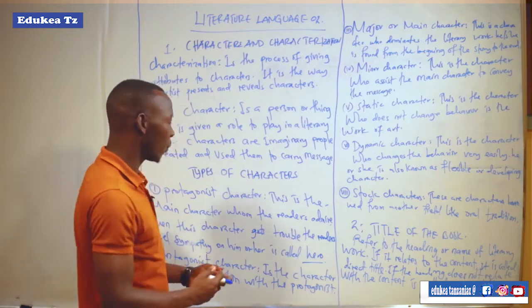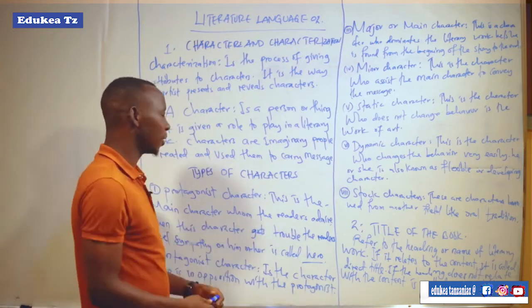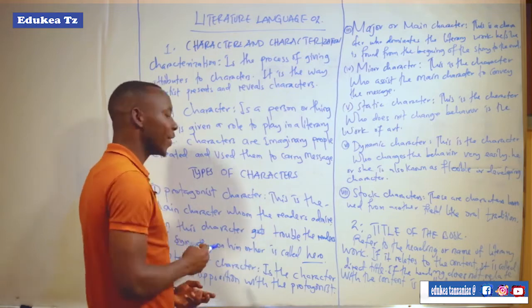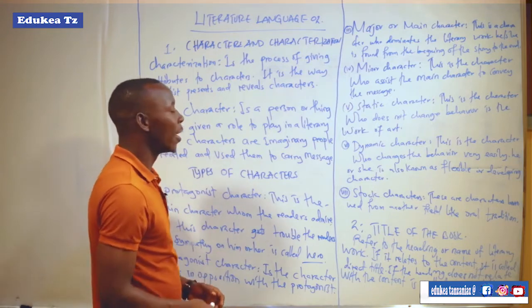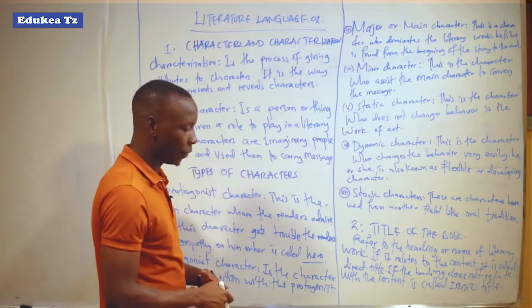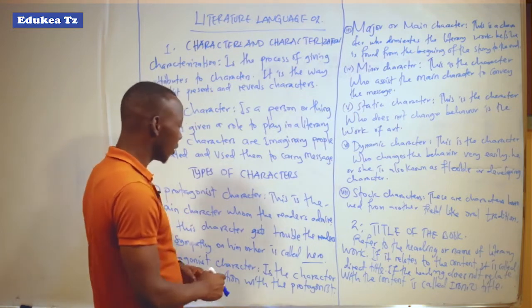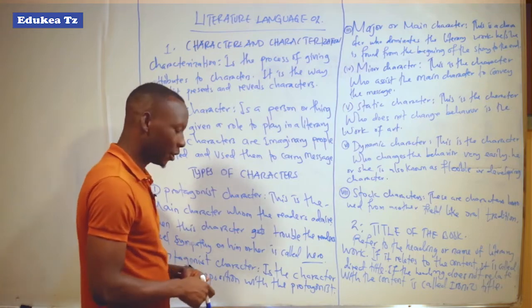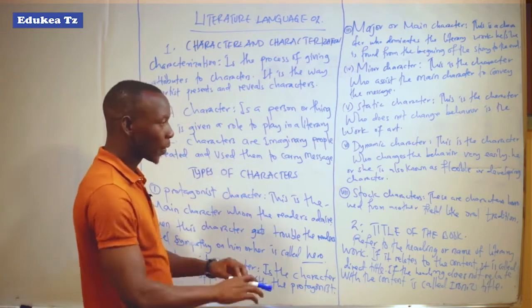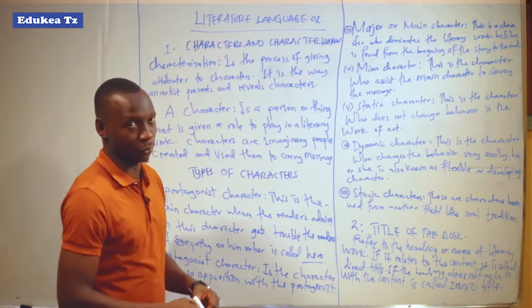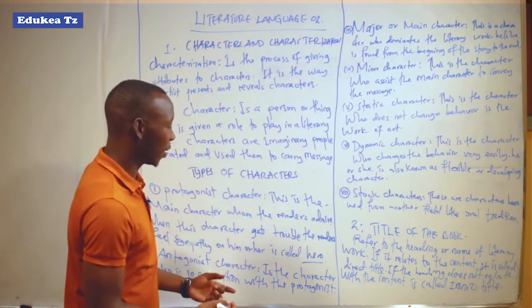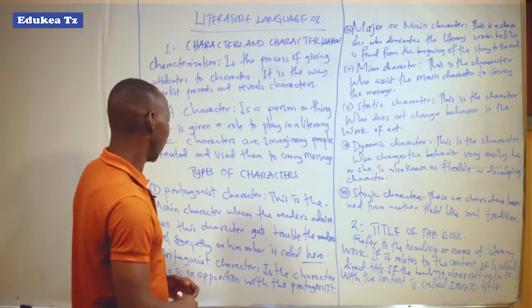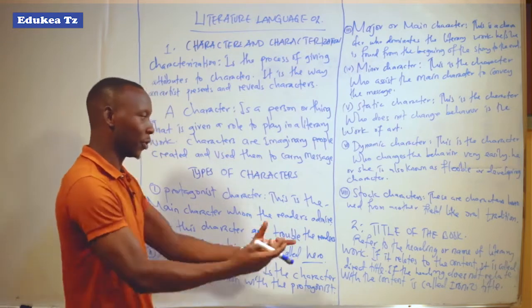Because if maybe he is a thief, always from the beginning of the text to the end of the text, he will play the part of being the thief. So the protagonist character, in literary text, is the character who has negative attitudes, and those negative attitudes, which he carries from the beginning to the end, symbolize that this person does not change.